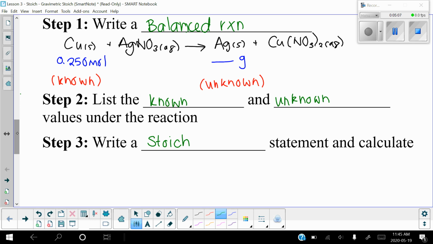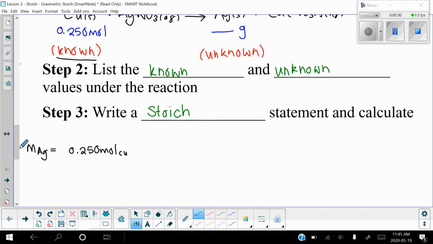You're going to start off with what you know. We are looking for mass of silver. You're going to start off with your known value, 0.250 moles of copper. Now, if I go back up to my flow chart here, actually, I'm going to draw the flow chart down here.